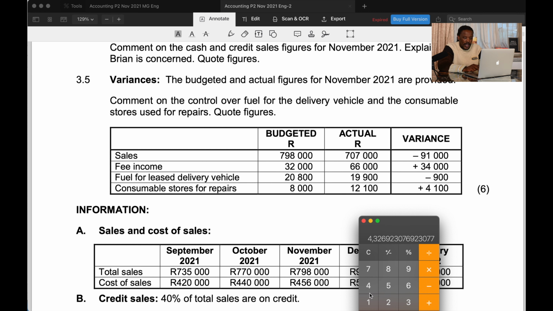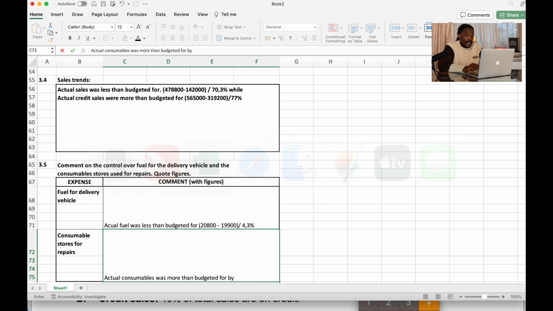So consumables was 4,100, divided by the budget. Always, we're dealing with a cash budget, so you don't divide it by actual. 4,100 divided by 8,000 rand, times 100, you get 51.2%.